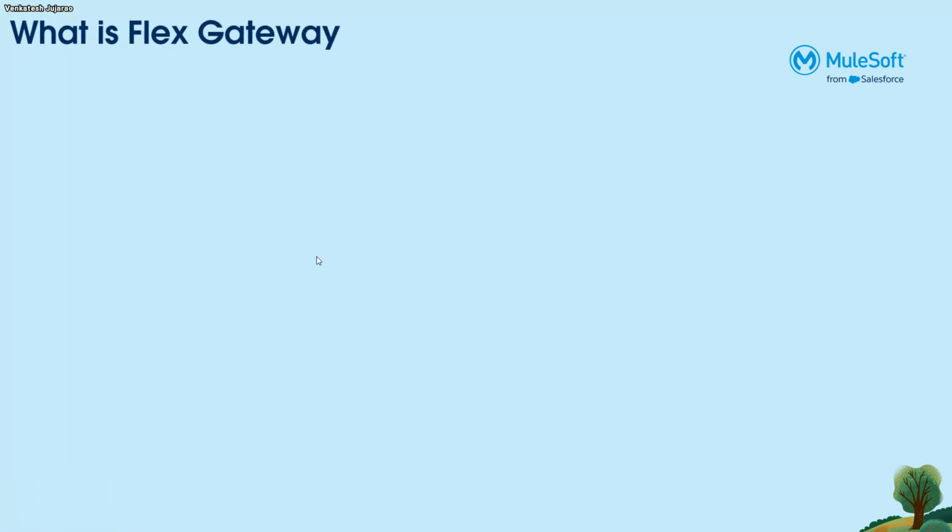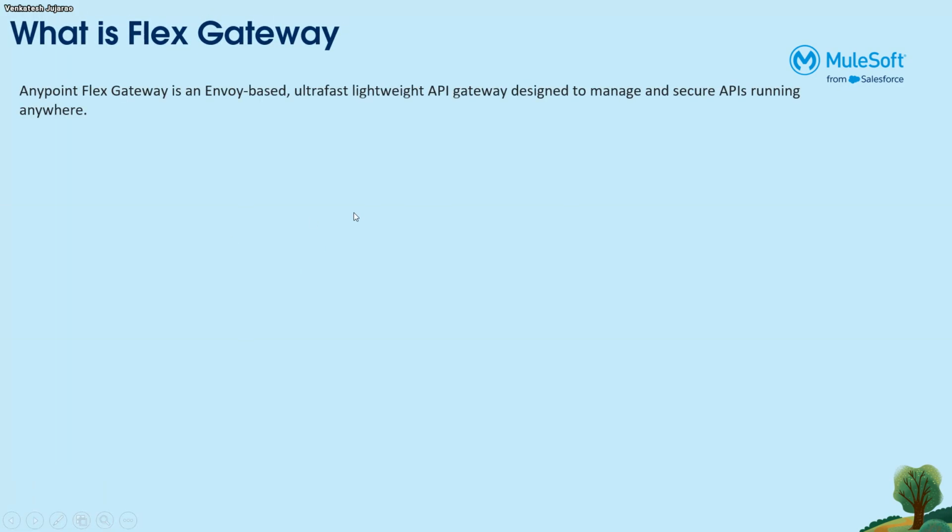So now, what is the Flex Gateway? As many of you already know, this is an Envoy based lightweight API gateway designed to manage and secure APIs running anywhere. If we have any non-Mule application, a web service developed in some other technology, that can also be protected by Flex Gateway.